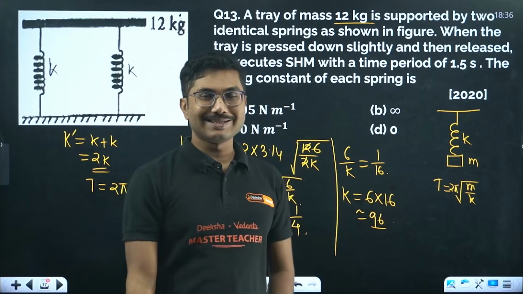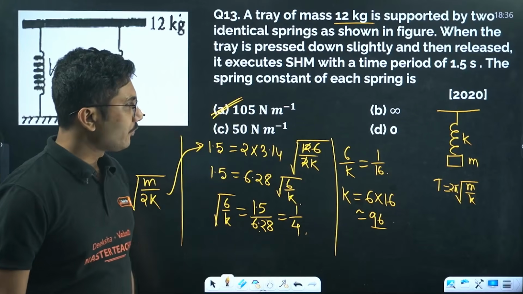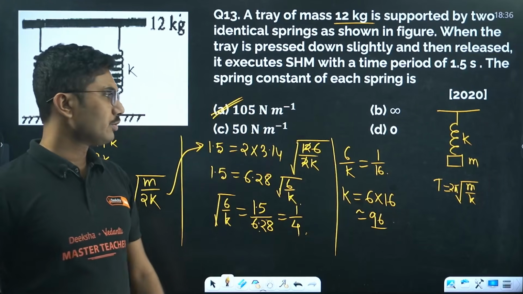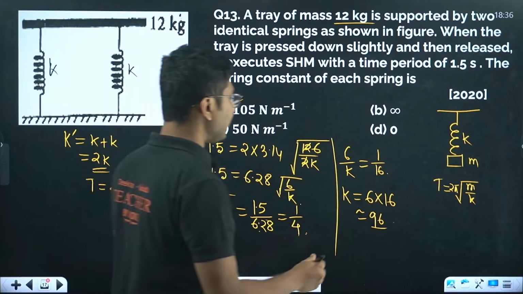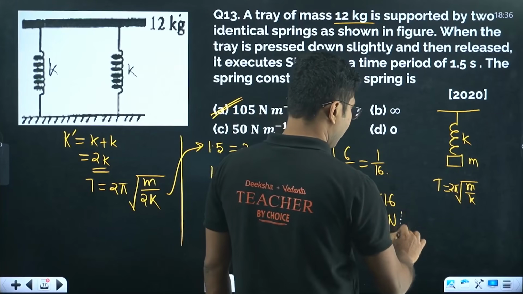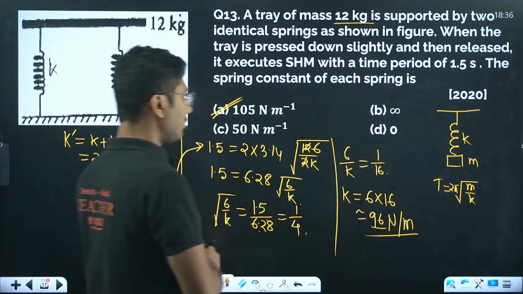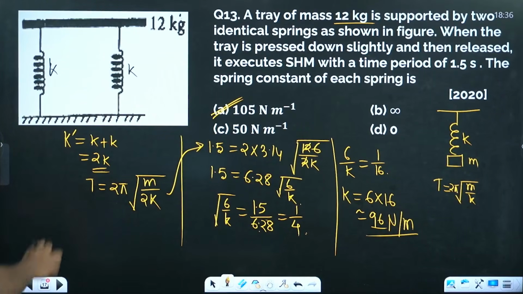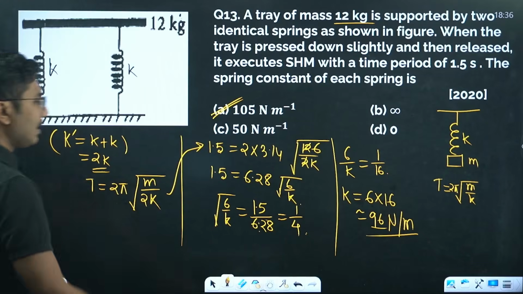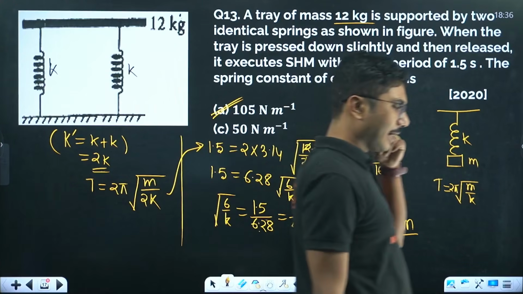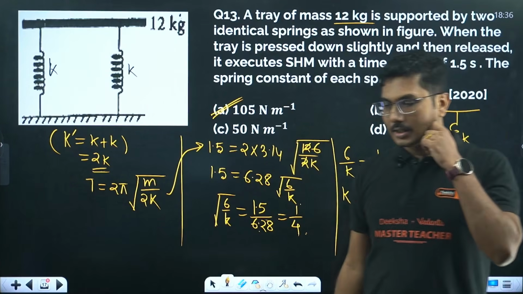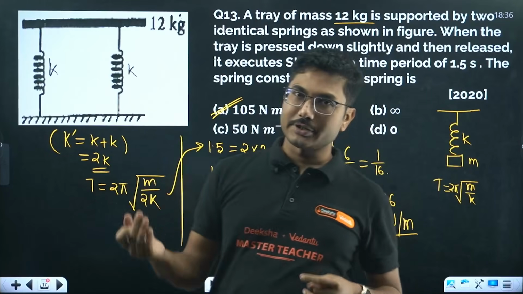So more than 96 is 105. None of the answers is even coming close, so it will be 96 Newton per meter. So this is the spring constant of this spring. Remember, springs behave like a combination of capacitors. Parallel means add, series means inversely add.